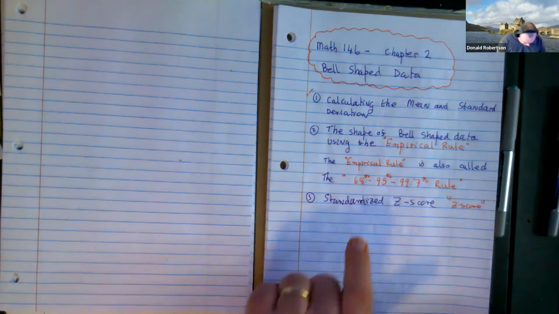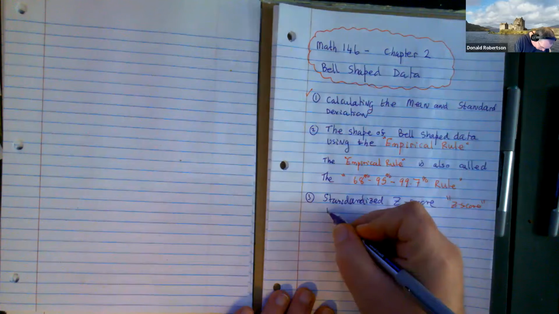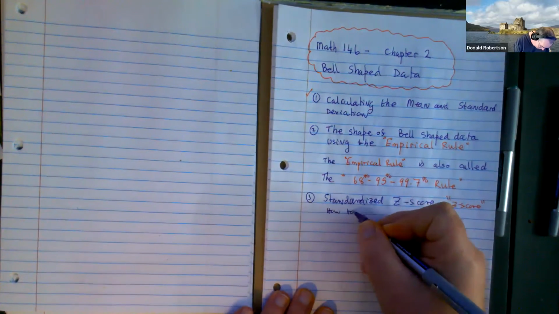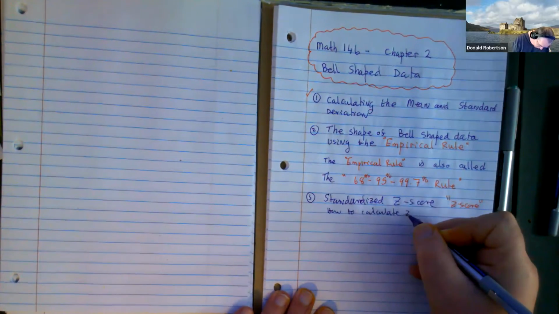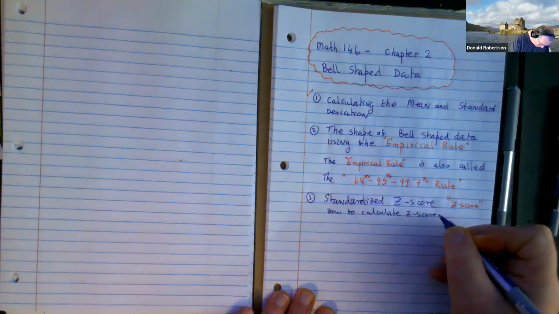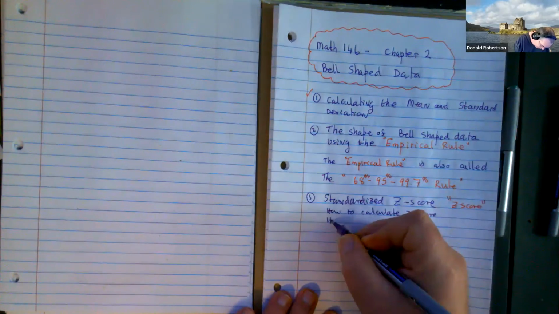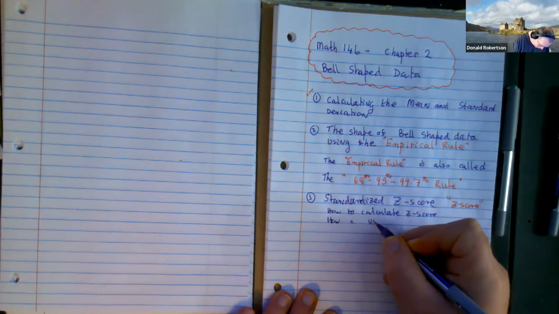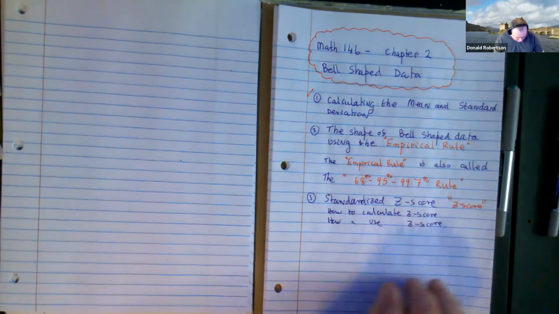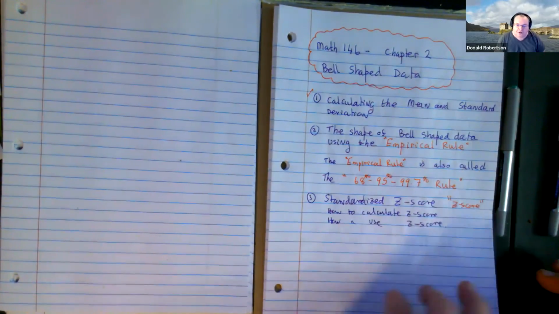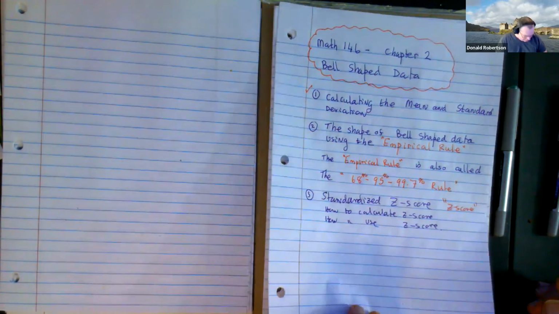And we're going to look at how to calculate and how to use them. So we're going to look at how to calculate the Z-score and how to use the Z-score. And that's pretty much what this section of chapter 2 deals with.